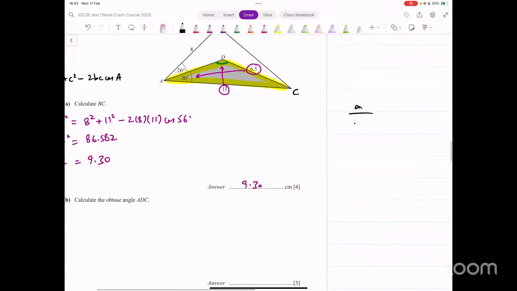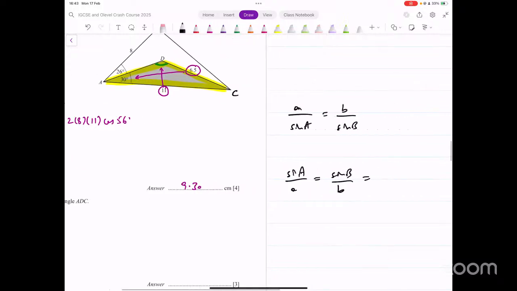One variation is a over sine A equals b over sine B equals c over sine C. That's one way to write the sine rule.